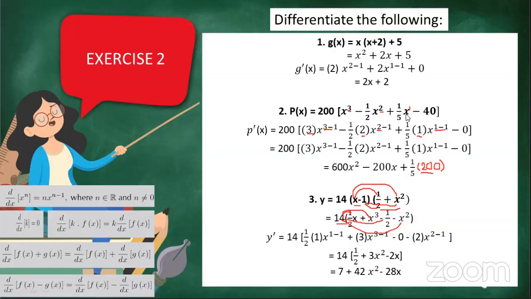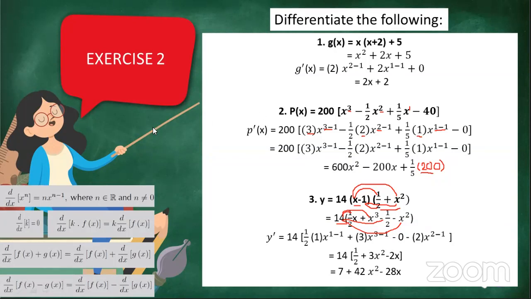That's why I say if it's x, always write it to the power of 1, so that you can see that it's 1 minus 1, which is 0, and x raised to the power of 0 is what? It's 1. So you also apply that.